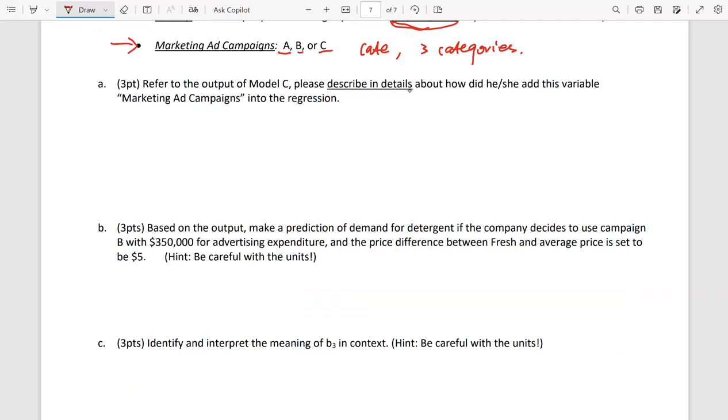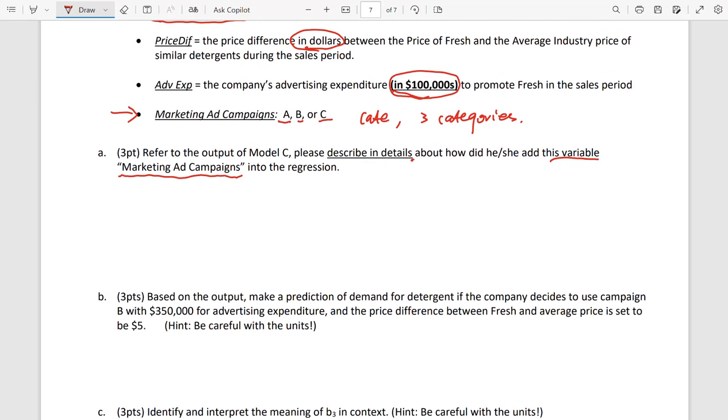Please describe in detail how he or she added this variable, the marketing ad campaigns, into the regression. What is this variable? This categorical variable. Once you have a categorical variable, how would you add this into the regression?